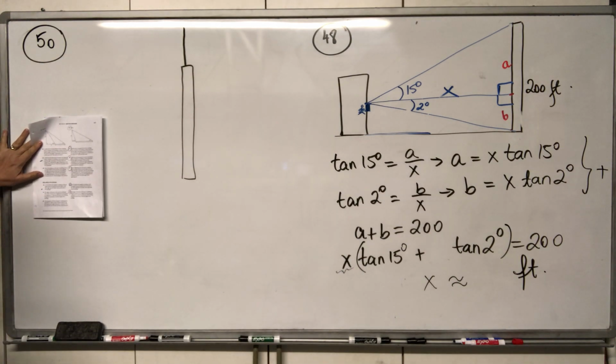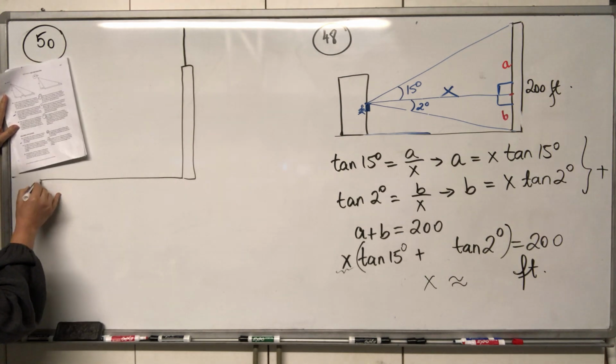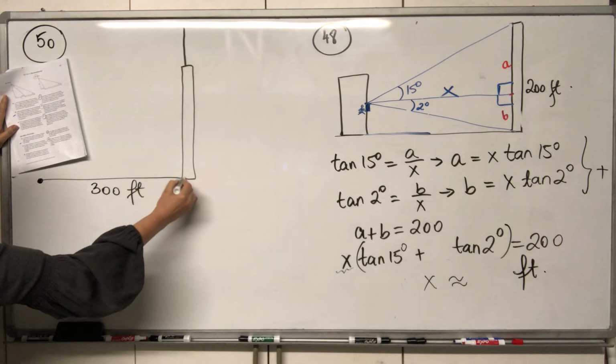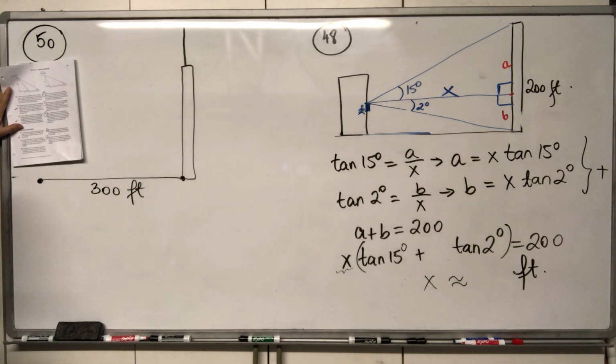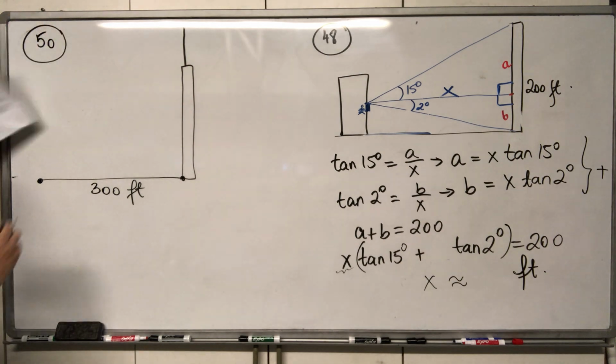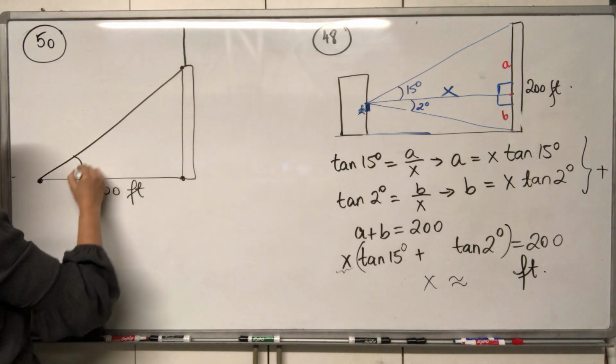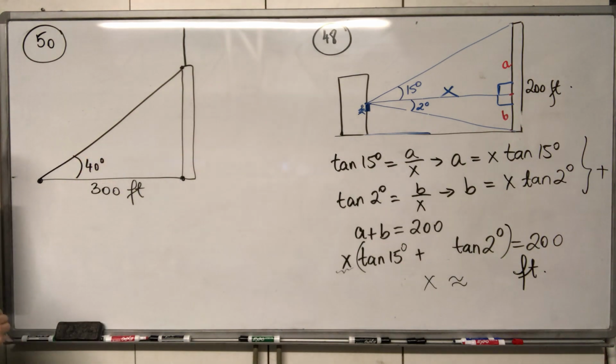From a location 300 feet from the base of the building, the angle of elevation to the top of the building is measured to be 40 degrees.